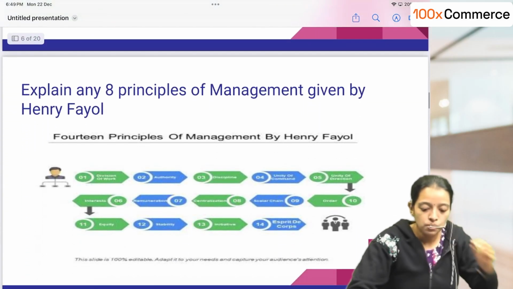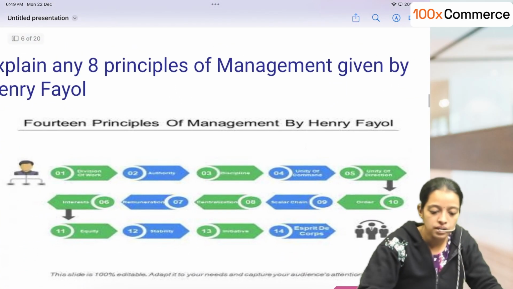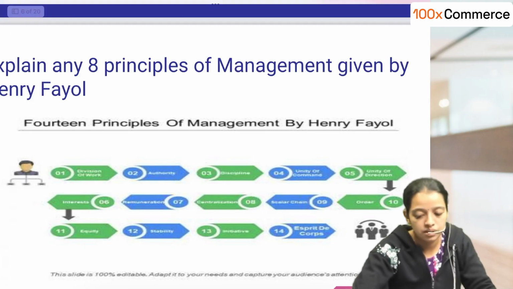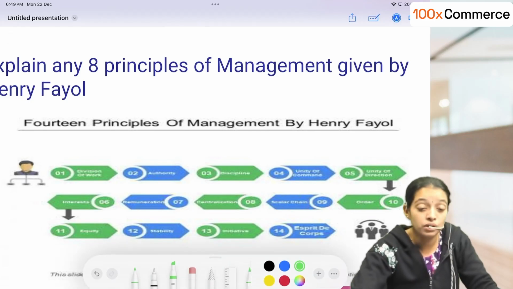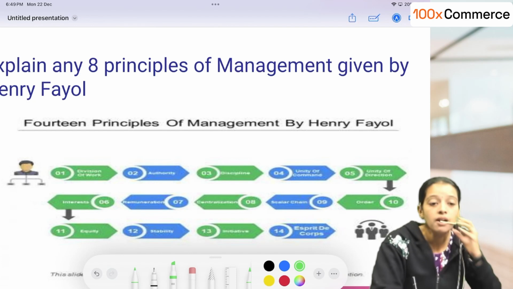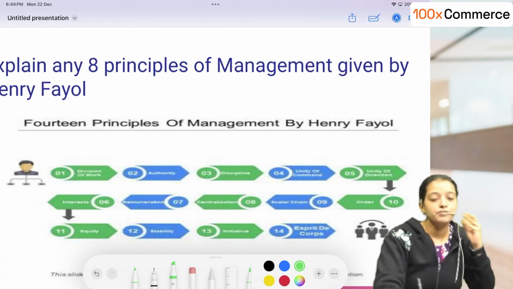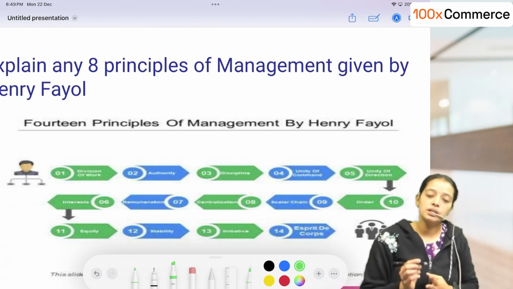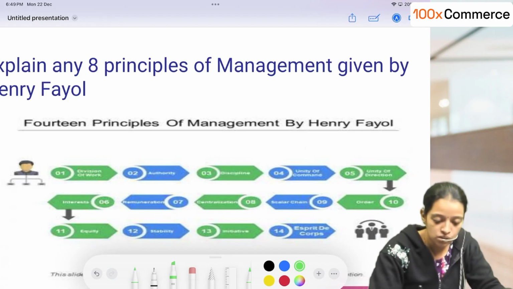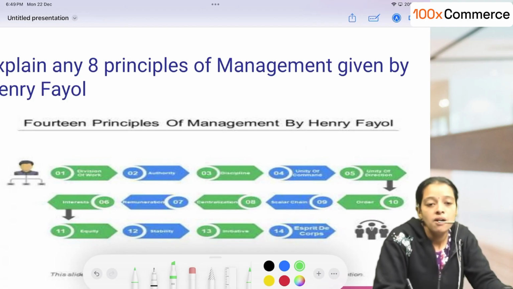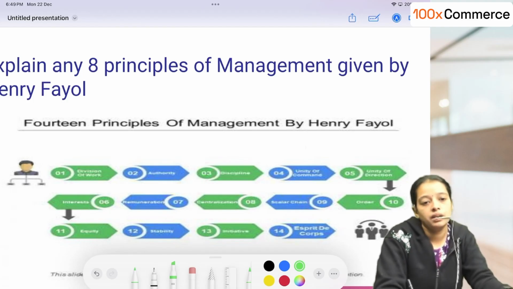So coming to the next one, explain any 8 principles given by Henri Fayol. Henri Fayol has given 14 principles of management. He is known as the father of modern management or administrative management. According to him, he has given us 14 principles of management, but you are going to explain any 8.